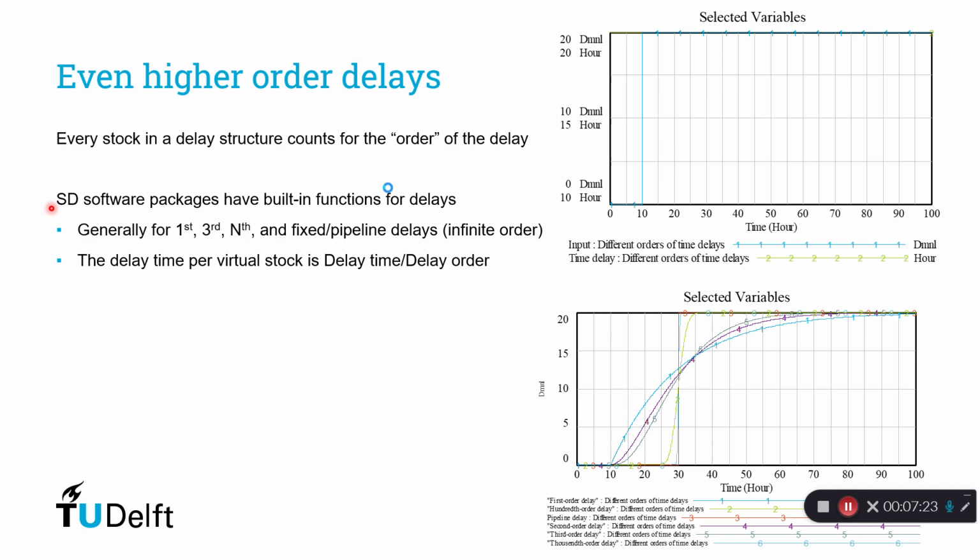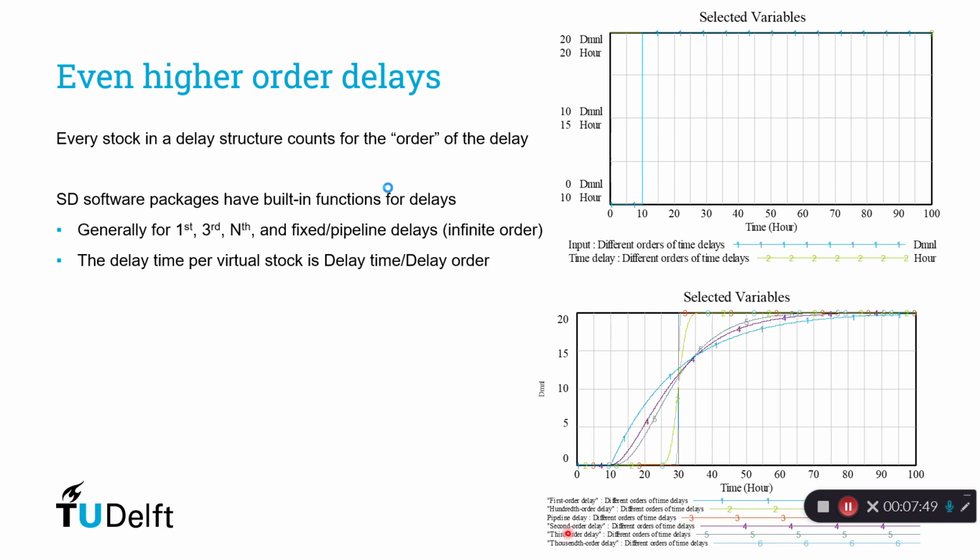Now in this case I made a couple of different responses. So the blue one here with the 1 is the first order delay, and you see that it starts immediately. With the second order delay, the purple one, you see that it ramps up a bit later. And with the third order delay, which we often use, it ramps up even a bit later, so you can get some sort of S-shaped behavior here.